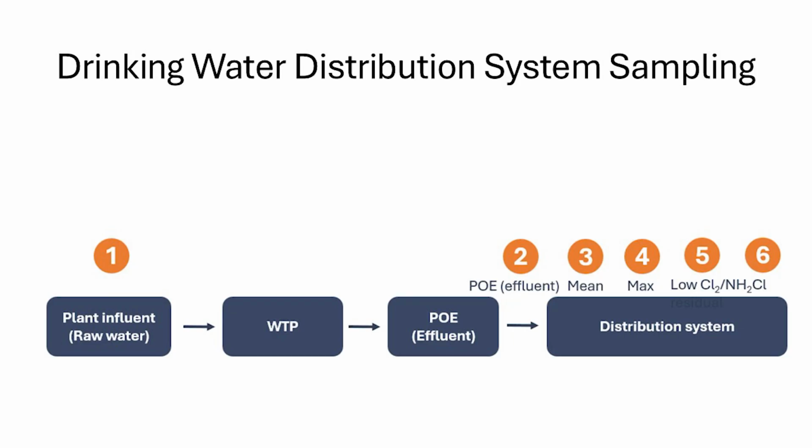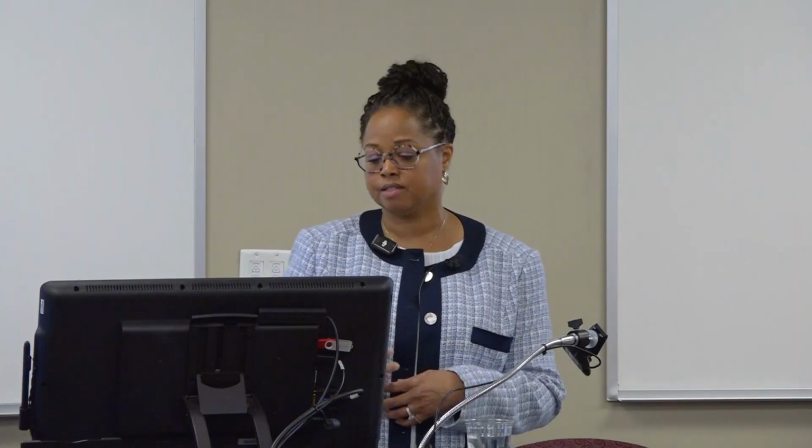We sampled at 6 different locations within the distribution system. We took, I think, 2 or 3 samples from each, and as we progressed into the following years that we're not going to be able to do, we were planning to take more samples at those facilities where we found more occurrence and co-occurrence.